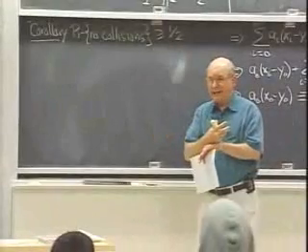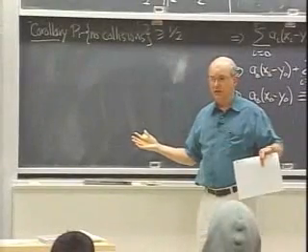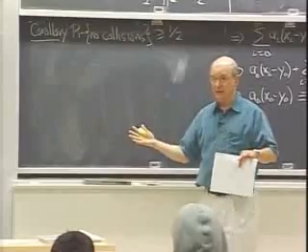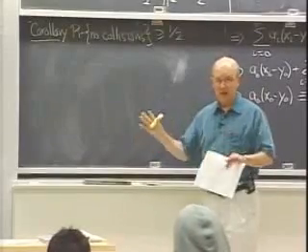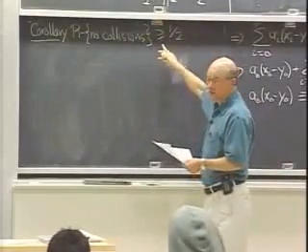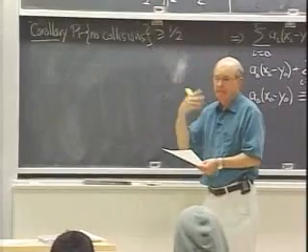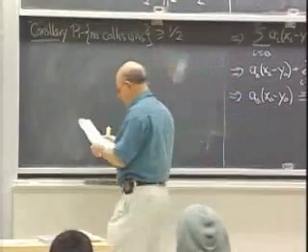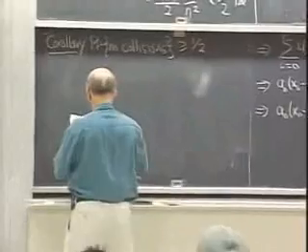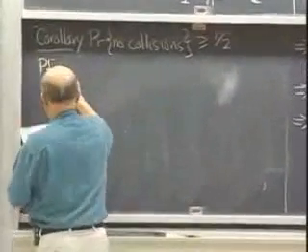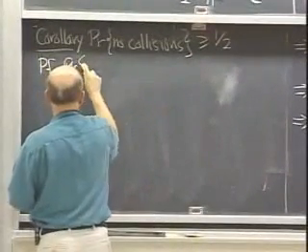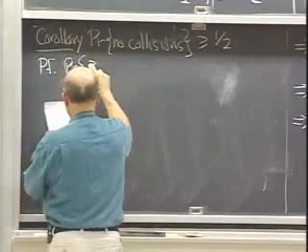I pick a hash function at random. What are the odds that I got no collisions when I hashed those n keys into n squared slots? Answer: the probability that I have no collisions is at least a half. Half the time I'm guaranteed that there won't be a collision. And the proof is pretty simple.